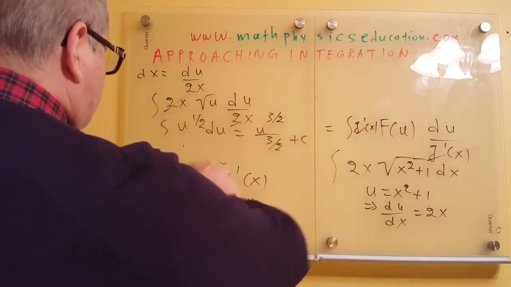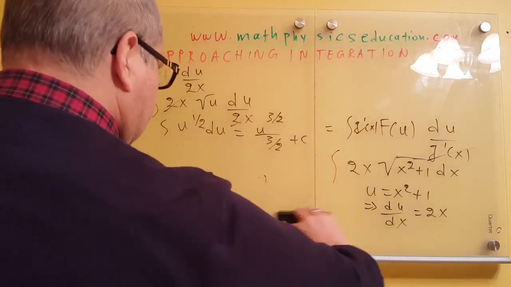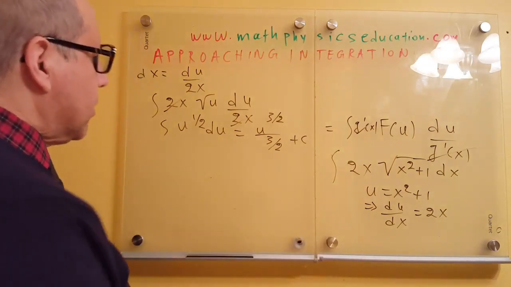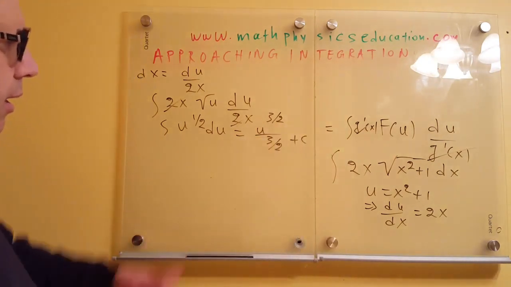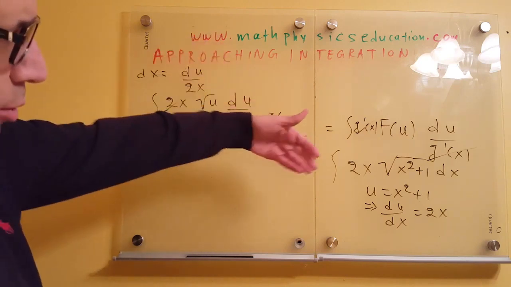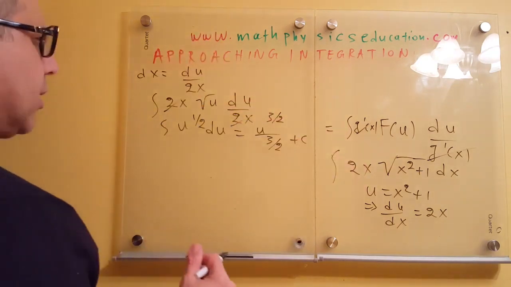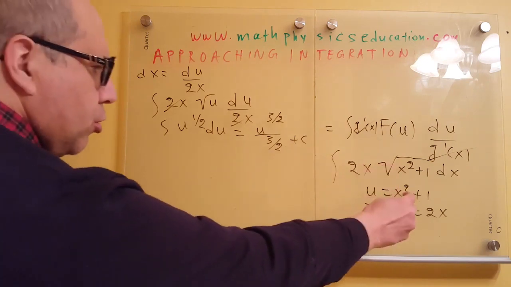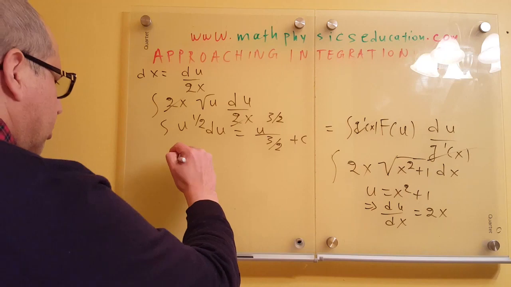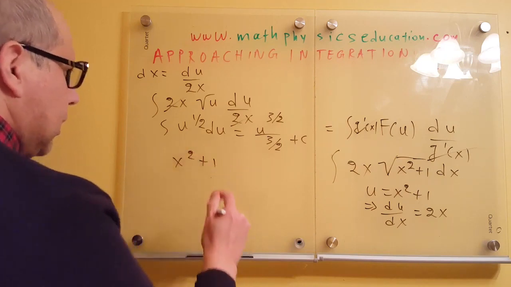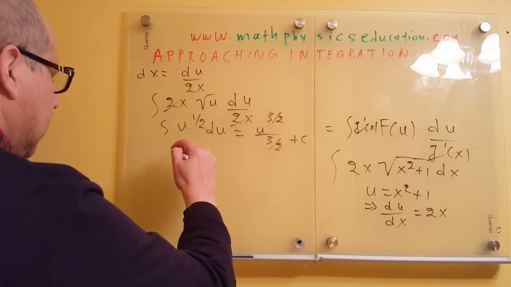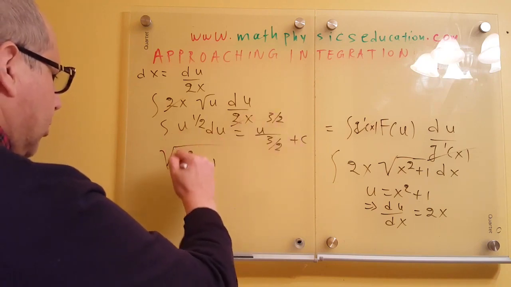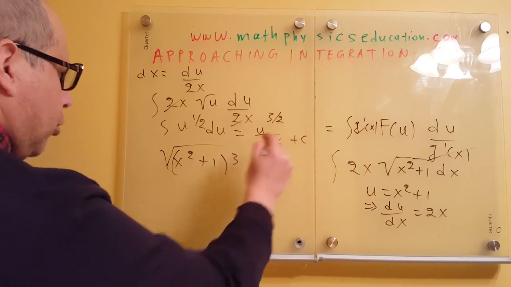And of course the integral of this is... I mean, because we have to find the integral with respect to the initial variable, which in this case is x. So the integral of this is u, where we said u is equal to x squared plus 1, so that should be x squared plus 1 to the 3/2, which means it should be the square root, to the 3rd power, and of course over 3/2.